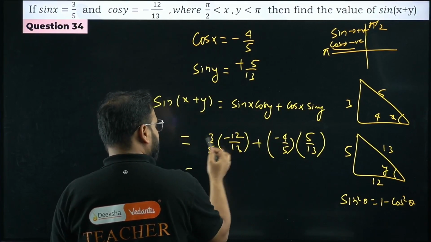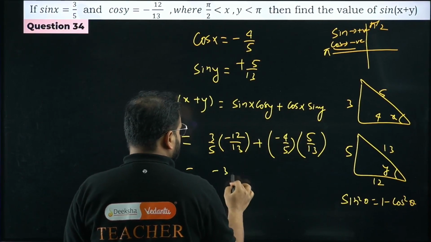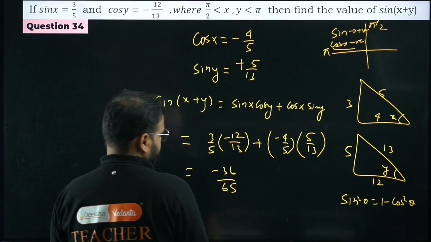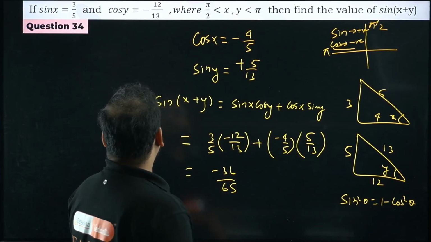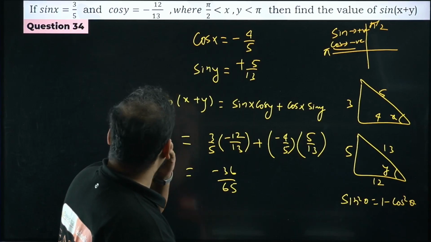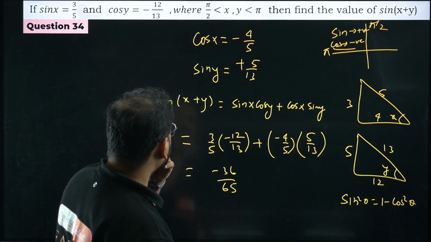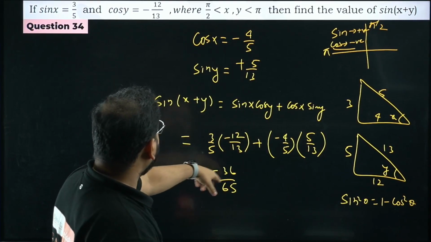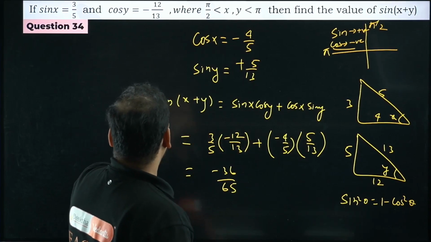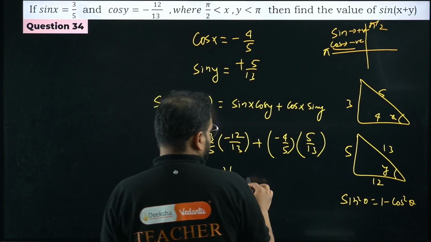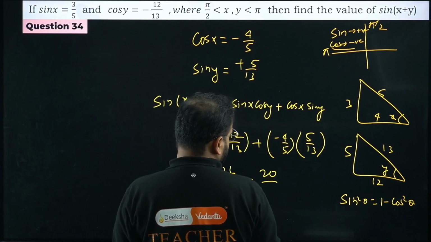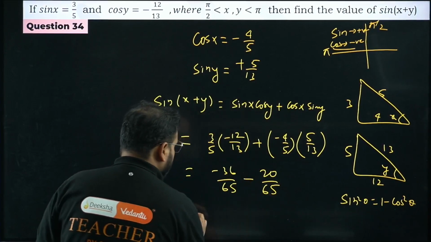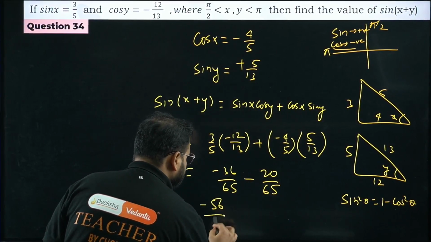We can solve this. 12 into 3, minus 36 by 65. Cos x will be 4, no? One second. Sin x is 3 by 5 and cos y, correct. So this is this, and this will be minus 20 by 65.